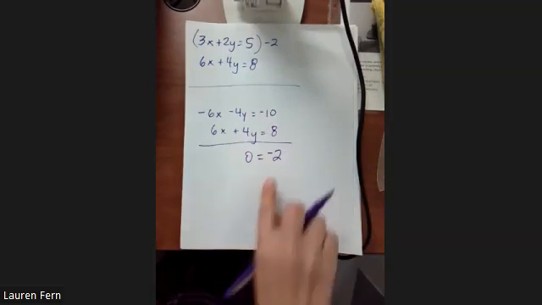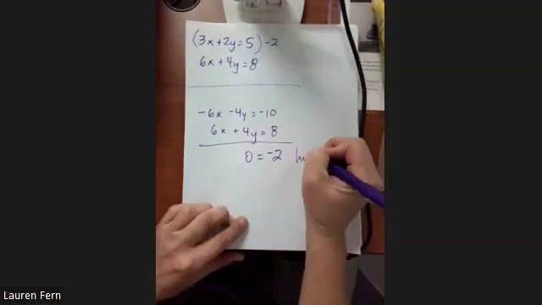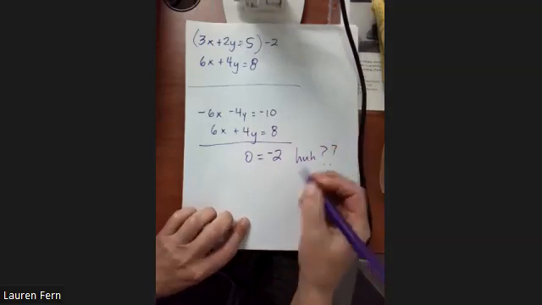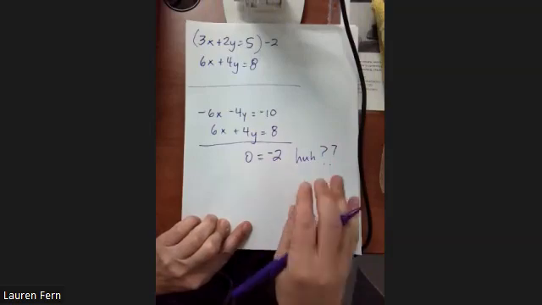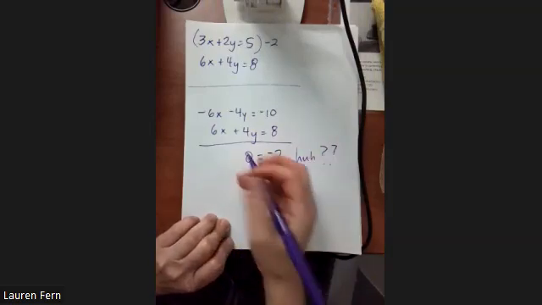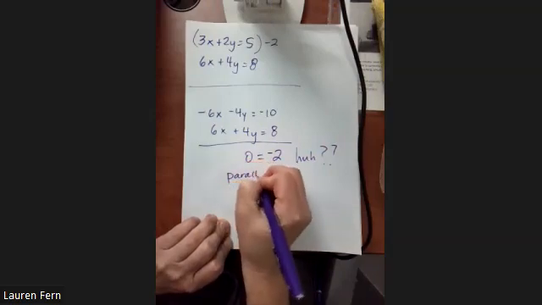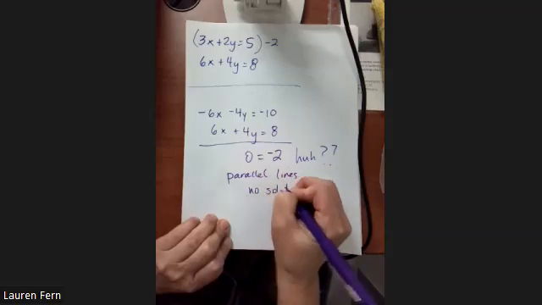Well, what are you going to tell me about this statement? No, huh? It's an untrue statement. So when you get something that makes no sense, like 0 equals some non-zero number, this is when I claim that you have parallel lines. There is no solution.